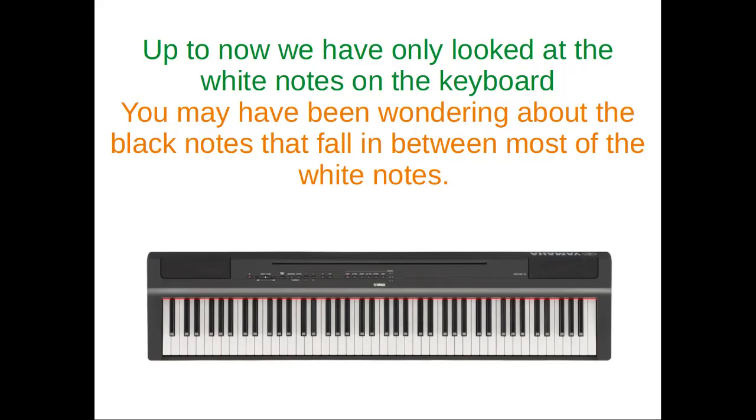And if you just look a little bit carefully, you see that the black notes come in patterns. It comes in a pattern of 2 black notes together, 3, 2, 3, 2, 3.